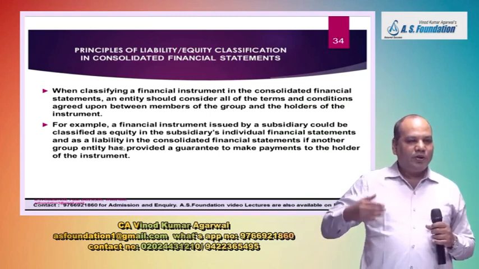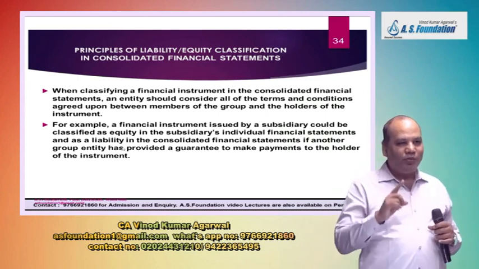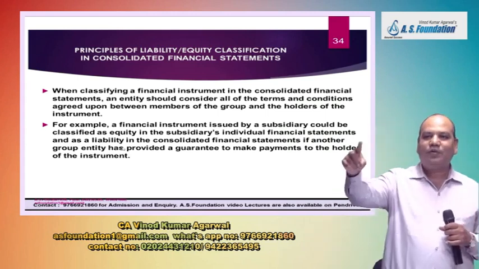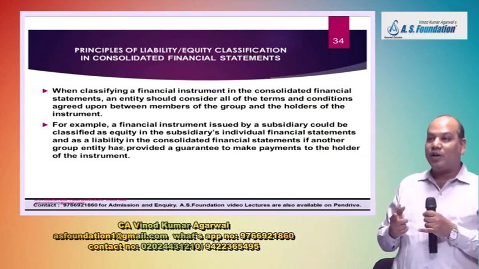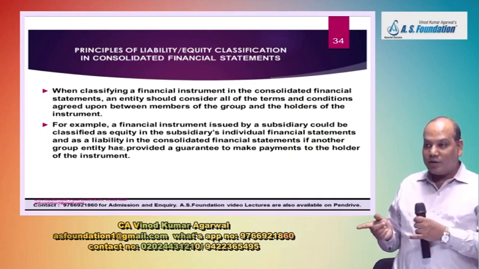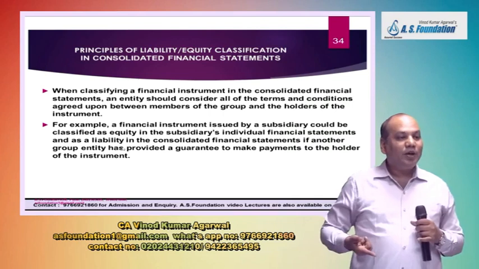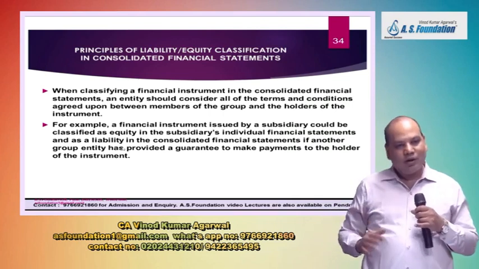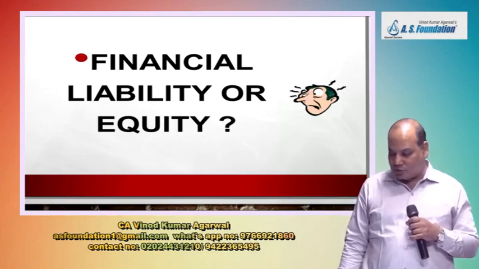So maybe the subsidiary has issued equity, but the parent gives a commitment, we will pay you a certain amount of cash. So there is an obligation to pay cash at the group entity level. Standard says at group entity level, it will become a financial liability. So in CFS, the classification can change.